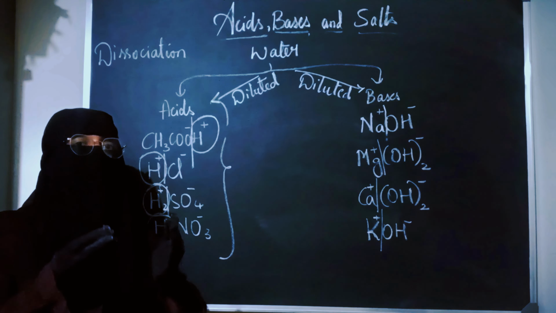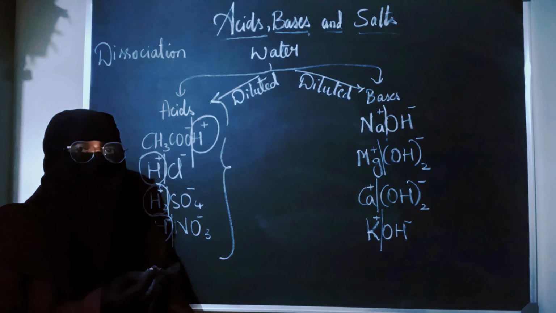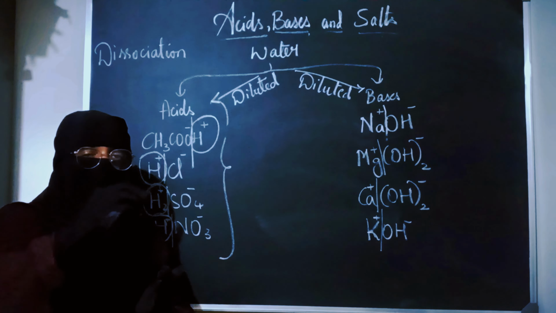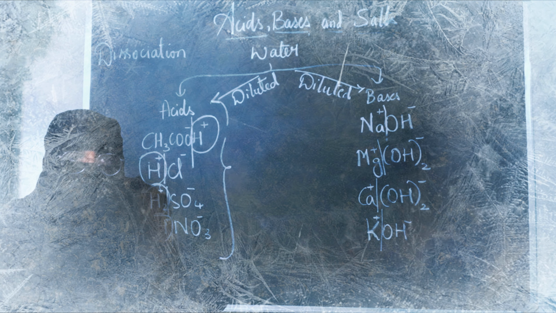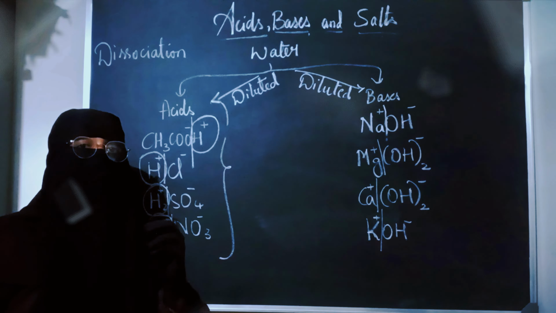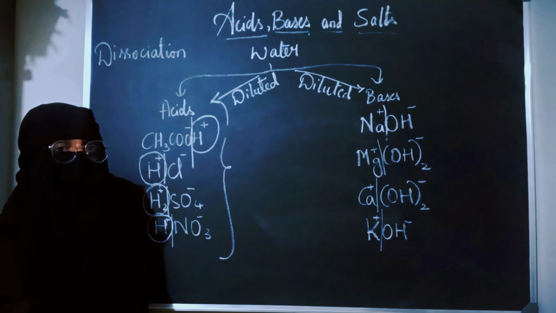Or else, if the container in which you have taken the acid and are adding the water is made of glass, the glass might break due to the extent of heat generated.